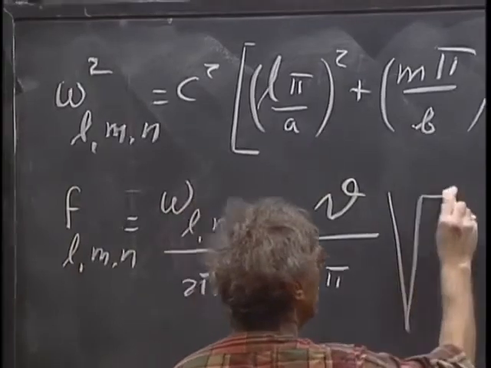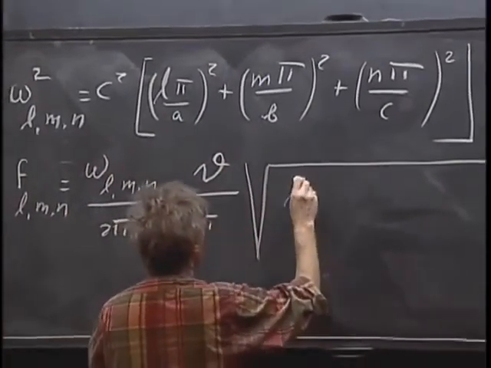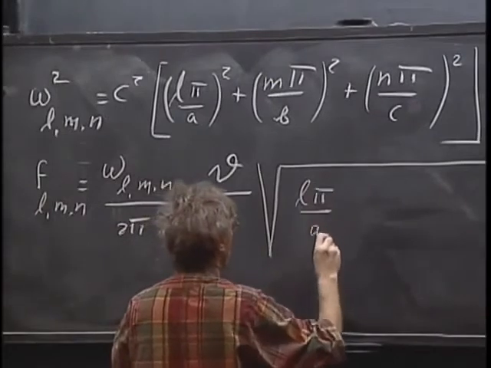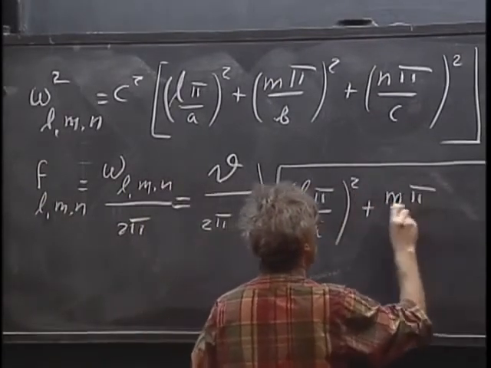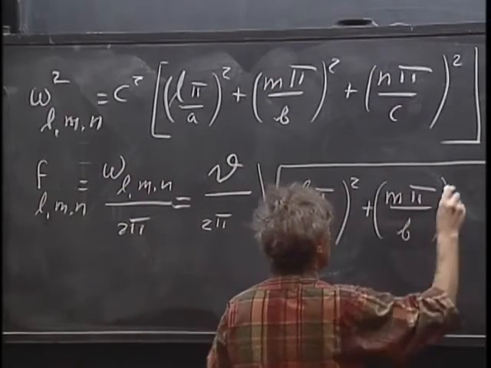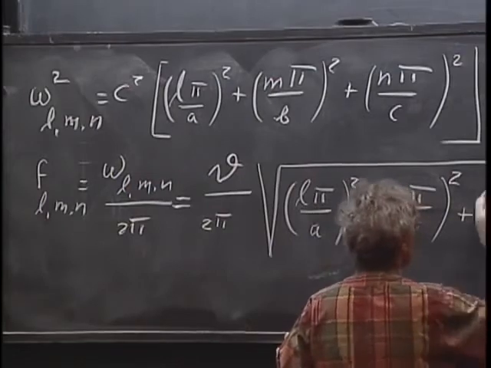And then I get here the square root of l pi over a squared plus m pi over b squared plus n pi over c squared.